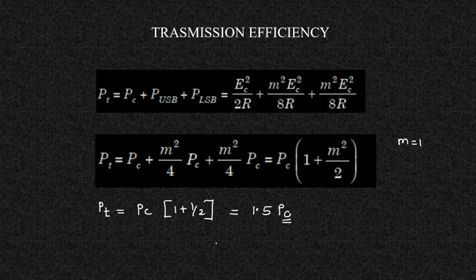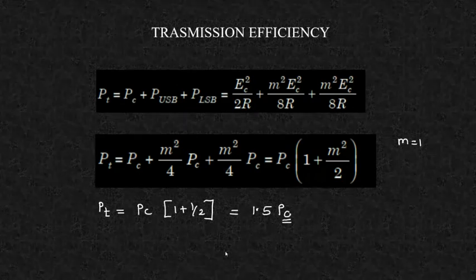Transmission efficiency is nothing but the total power saved divided by total power required. So if I'm going to use only a vestige of a lower sideband and a complete upper sideband, power will be saved in this case. Okay, so this is all about why we are going for vestigial sideband transmission.